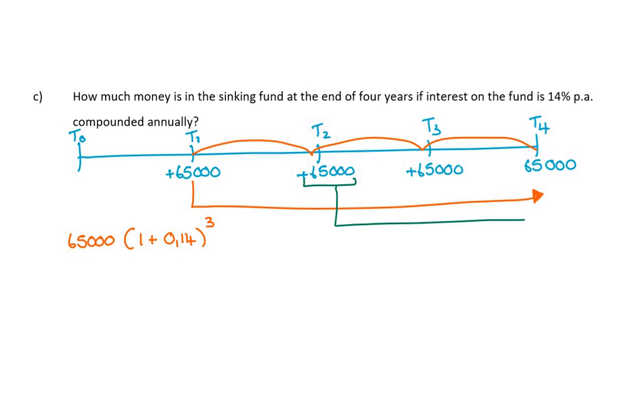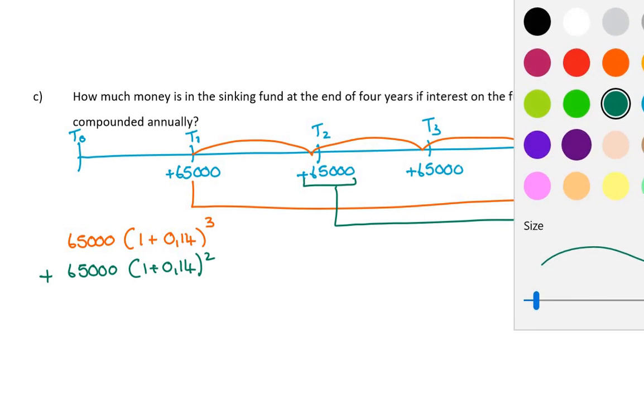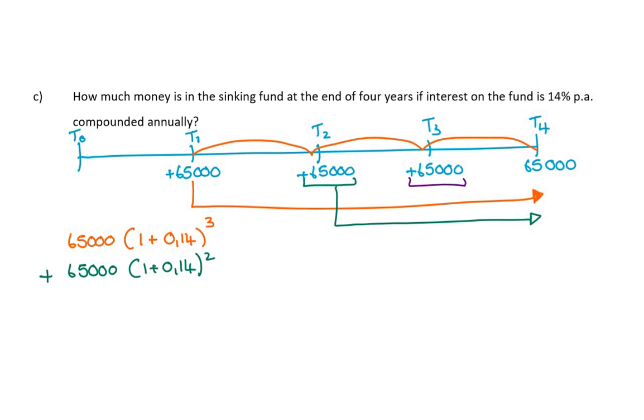This 65,000 Rand is in the account for 2 years. So I need to add on 65,000 Rand that would stay in the account for 2 years. Then my next installment would only be in the account for 1 year, so it would only gain 1 year's worth of annual interest. And finally, my last 65,000 Rand got no interest because at the end of 4 years they wanted to know how much was in his sinking fund.